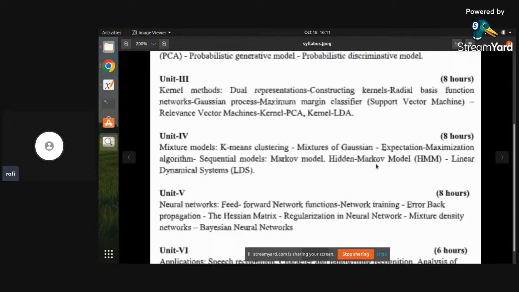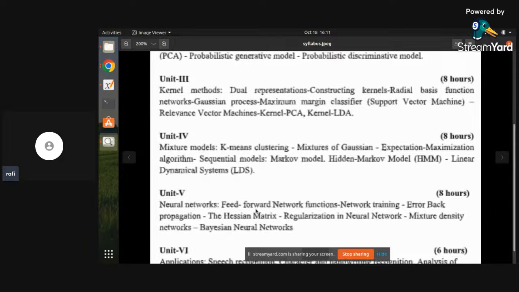For modeling temporal information, we use hidden Markov models and linear dynamical systems, like the Kalman filter. In the fifth unit, it is completely about the basic understanding of neural networks, how they work, and how they are trained.